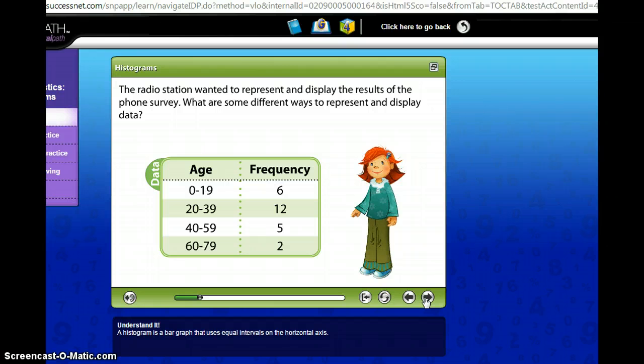Okay, we've learned about some of the different ways of organizing data, but remember yesterday we were talking about line graphs, and we said line graphs are best used when something takes place over time. Does this right here take place over time? No, a line graph would not be ideal to use for this.